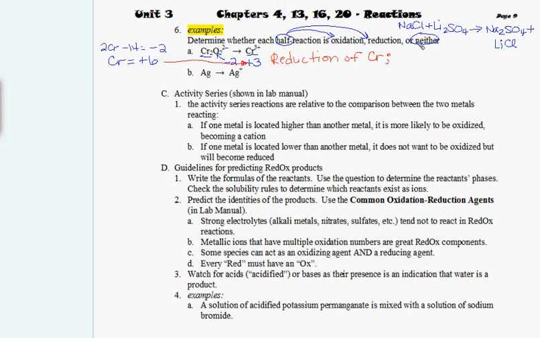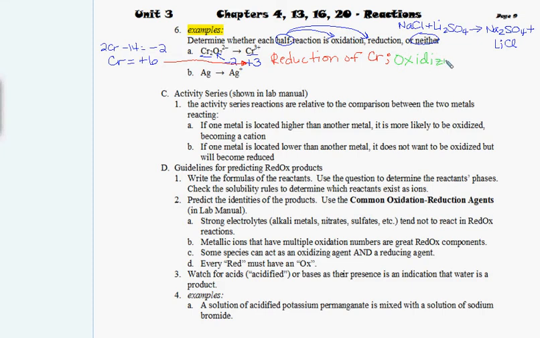There's also a definition of oxidizing agent and reducing agent. An oxidizing agent is something that causes the oxidation of another reactant. That, however, means that the species itself is going to actually carry the atom that is being reduced.